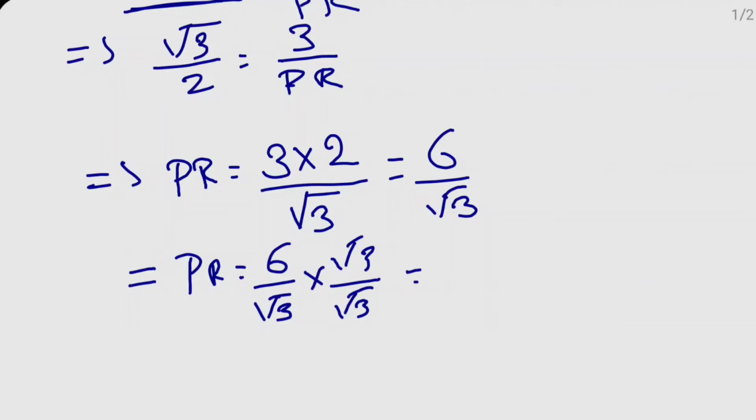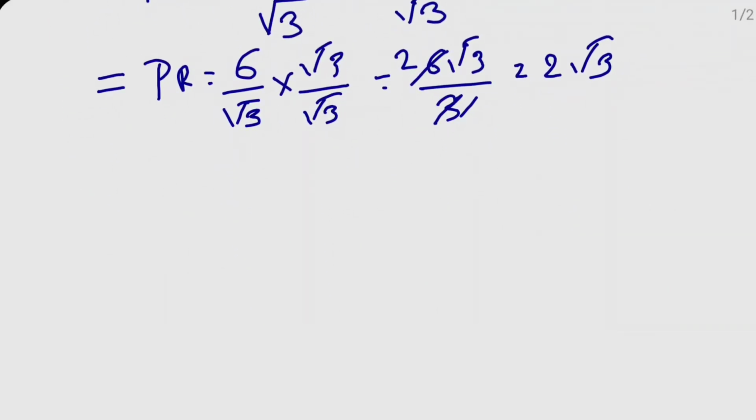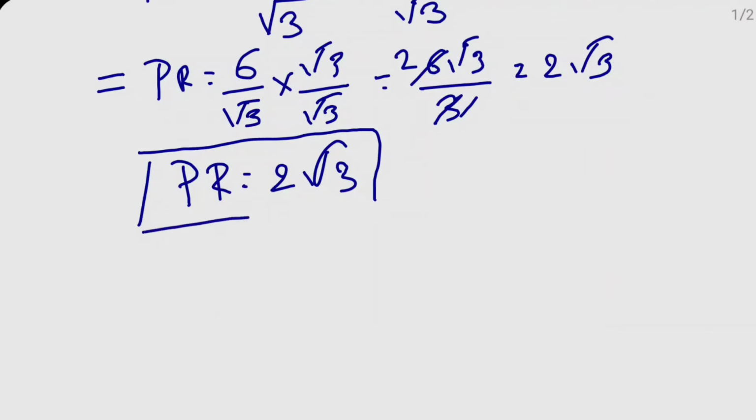So now 6 root 3 divided by 3, root 3 into root 3 is 3, 3 ones are 3, 3 twos are 6, here we get 2 root 3. So PR is equal to 2 root 3. So it is the length of the slide for the elder children.